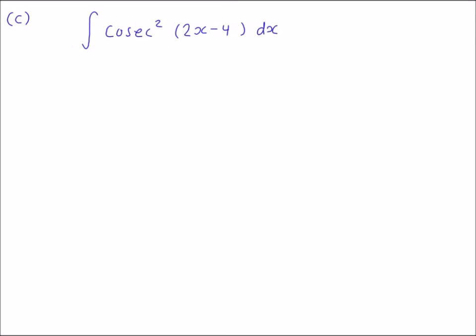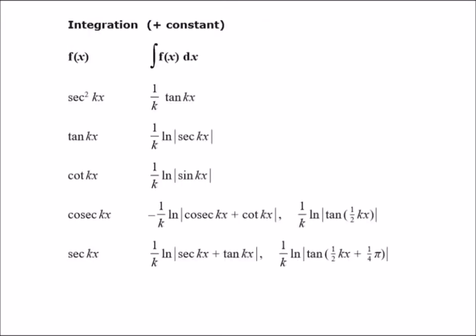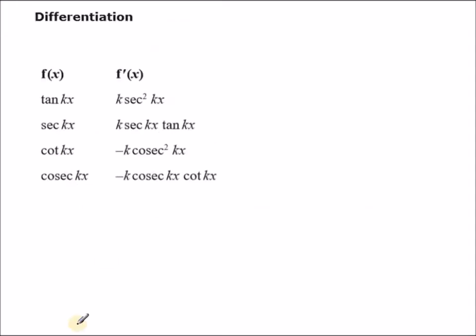Integrating cosec squared. In the formula book, there is no cosec squared as a standard function that we can integrate. If we look at the standard derivatives, we can see there is a cosec squared on this side. Now remember, going in this direction means you're differentiating, but in this direction, in reverse order, we are integrating.